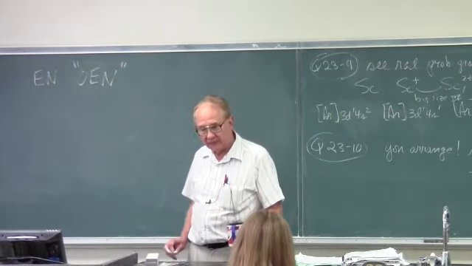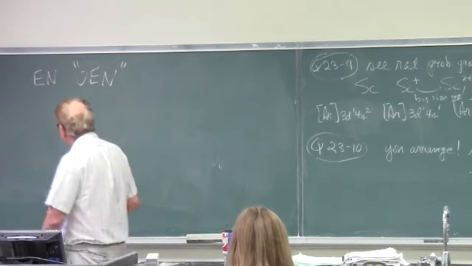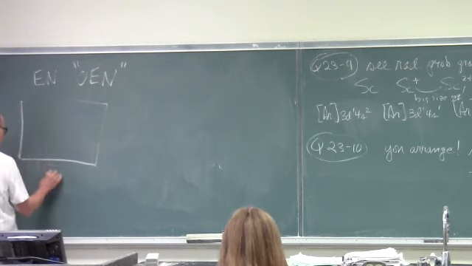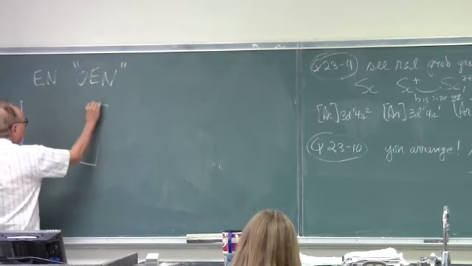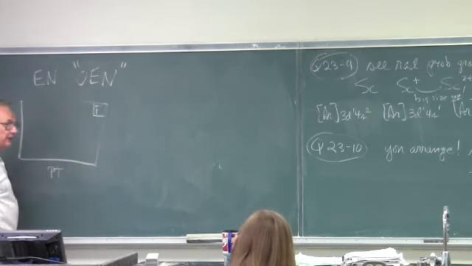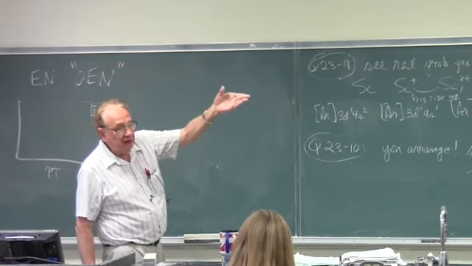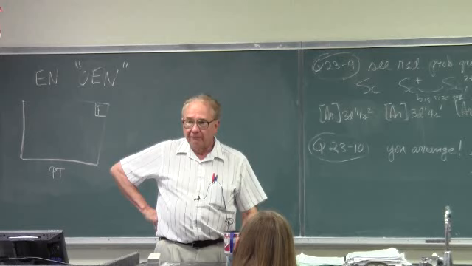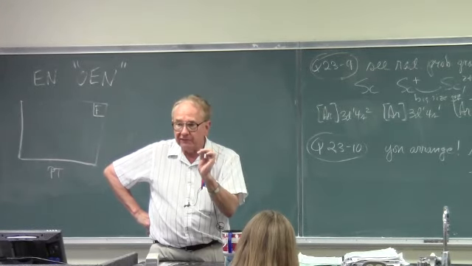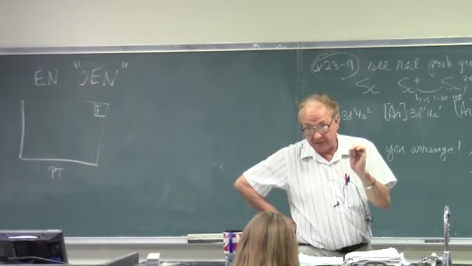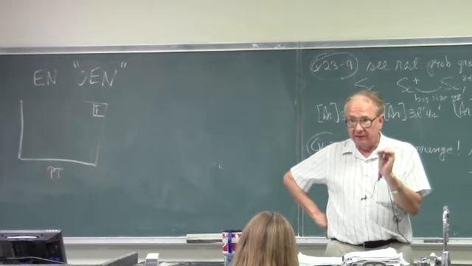You know trends in electronegativity. You did this in 2045. If this is our periodic table, and this is fluorine, you won't see an electronegativity trend as yet, which includes the inert gases. Because electronegativity is a measure of the ability of the bound atom to attract valence electron density to itself.